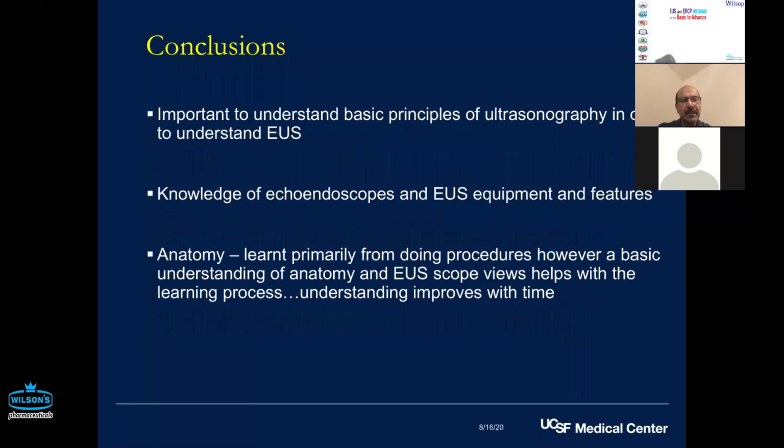So in conclusion, I'd say it's important to understand the basics of ultrasonography overall to understand EUS. We need to know our equipment like any other procedure. We need to know our EUS scopes, our EUS machines, what features we have, what limitations we have. Understanding artifacts is important. I didn't really go into it, but that could be something to go over in the future.